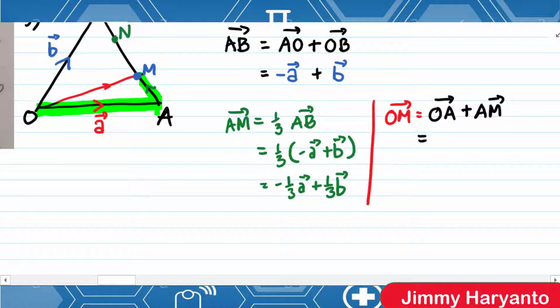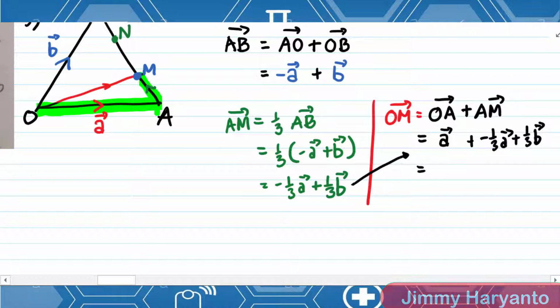Do we have OA? Yes, OA is A. Plus, do we have AM? Yes, which is negative 1 over 3A plus 1 over 3B. For this one, it's not involving opposite vectors, so we don't have to put minus right there. So you only have to add them: 2 over 3A plus 1 over 3B. There you go, this is OM.